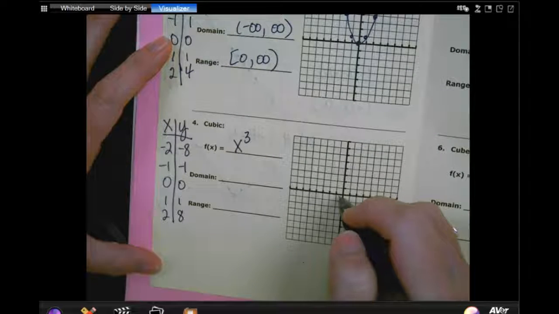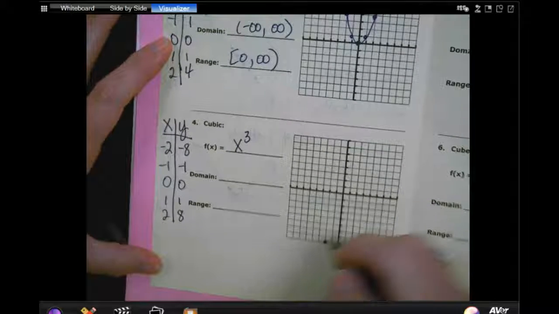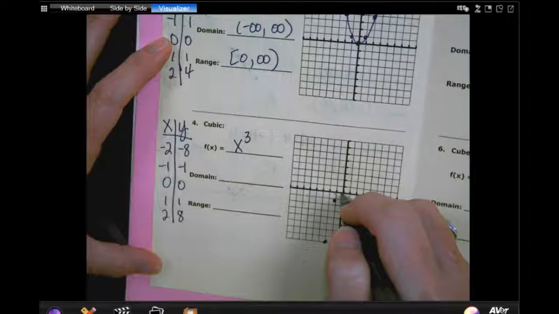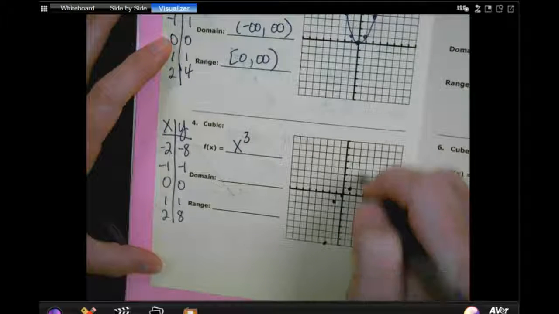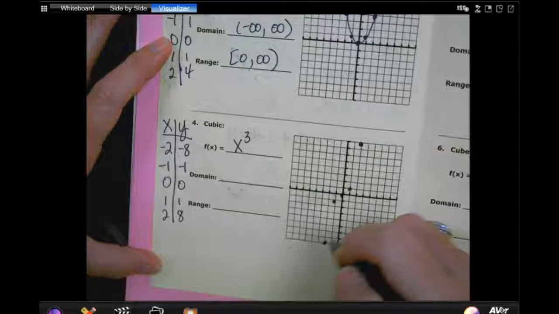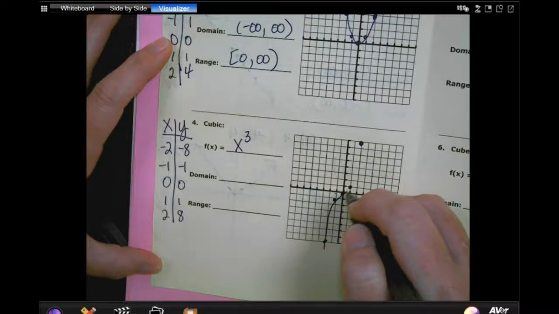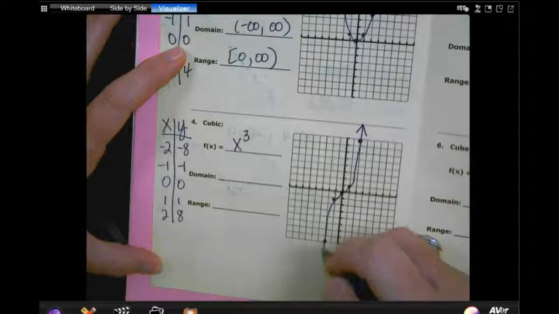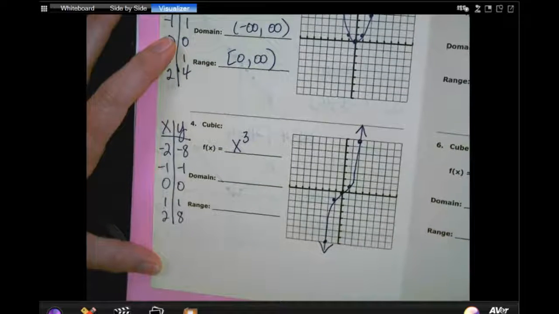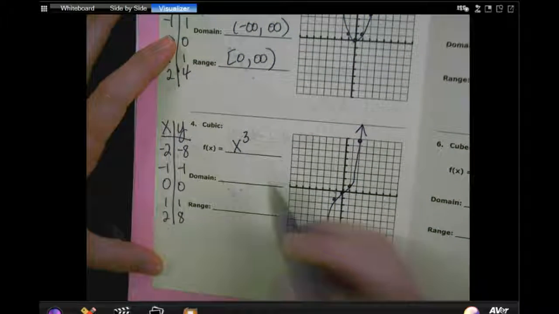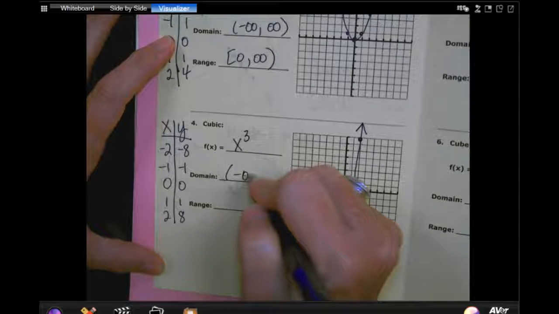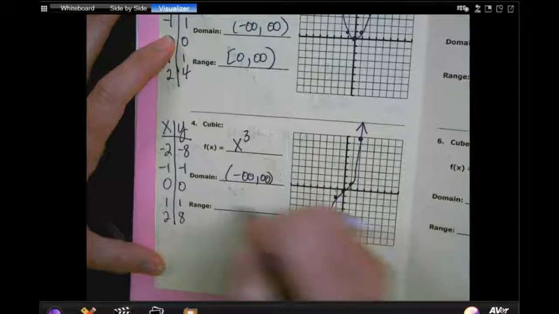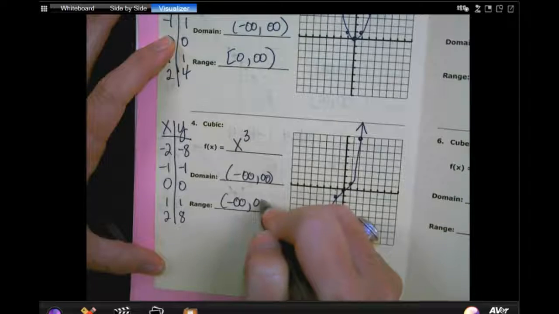So when you graph that, -2, -8, so the domain is -infinity to infinity and the range is -infinity to infinity.